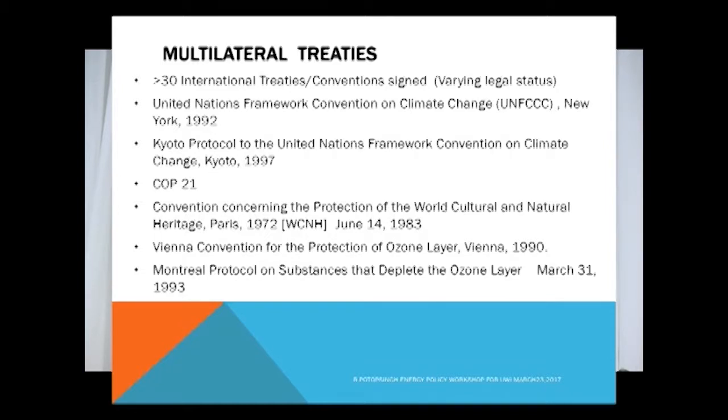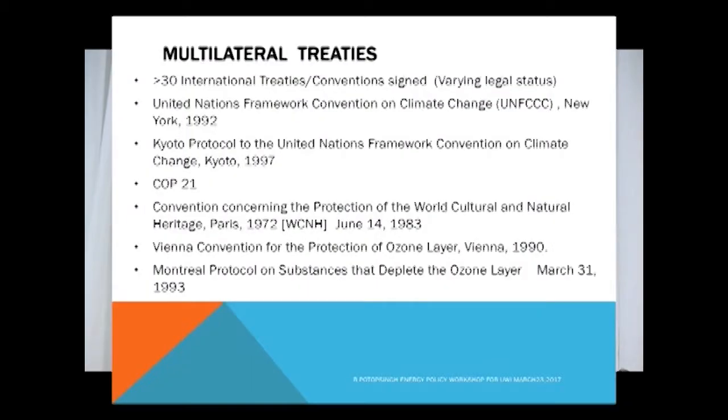Now that commitment binds us in a way in terms of the kinds of energy, the kinds of development we can undertake because we are to meet our commitment. Then there are various other conventions relating to culture or natural heritage, the ozone layer, and air quality.